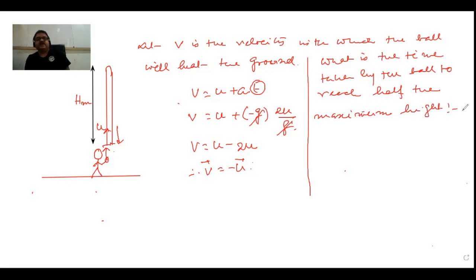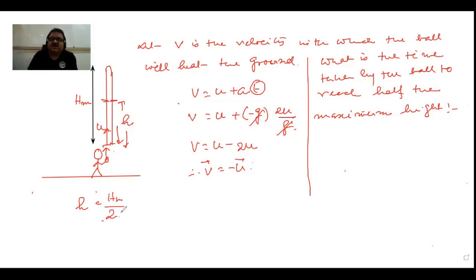Okay. So let's do this. Correct? Suppose this is the point where it reaches half the maximum height. That means this is h, and this h is nothing but h max by 2.